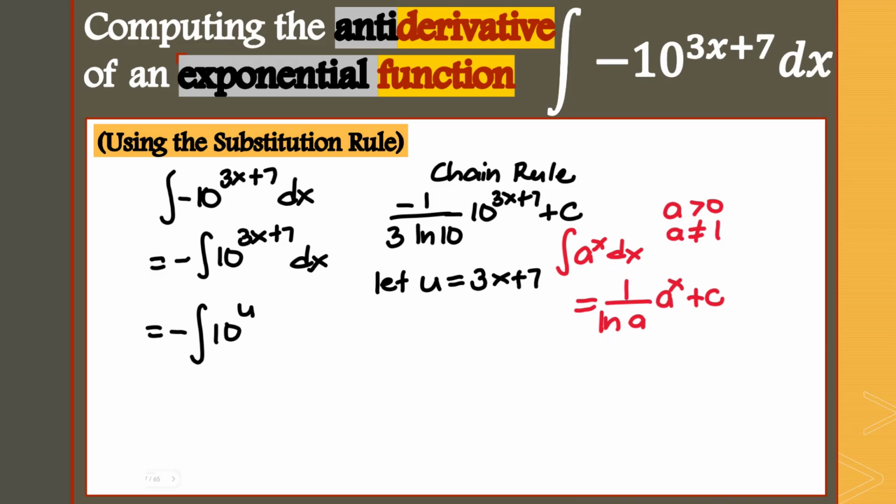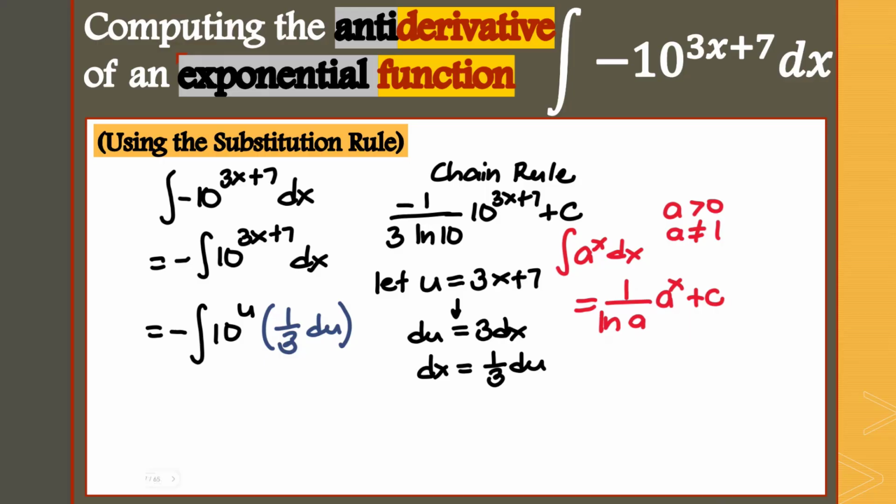So we can get that by differentiating both sides. u becomes du, 3x becomes 3 dx, and 7 becomes 0. Dividing both sides by 3, your dx would be equivalent to 1/3 of your du. So instead of dx, you will have here the item 1/3 of your du.